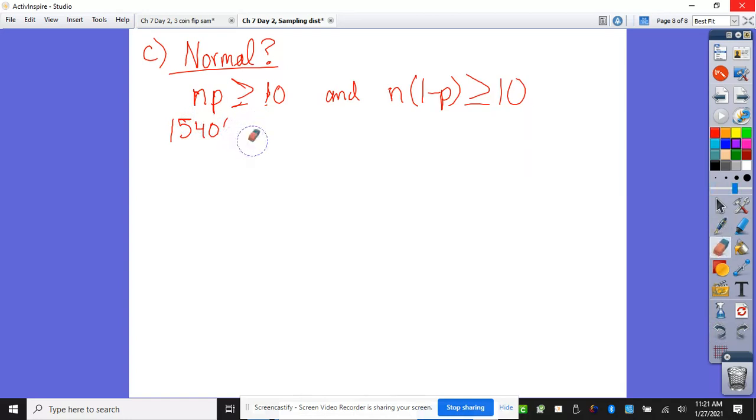I think I can get through this without switching just the next couple minutes. 0.15. I'm just going to tell you what this says. And then I kind of keep my work going underneath. So 1540 times 0.15 is what? 231.